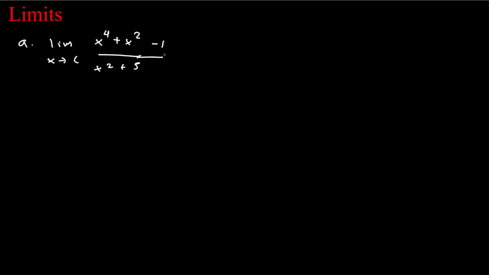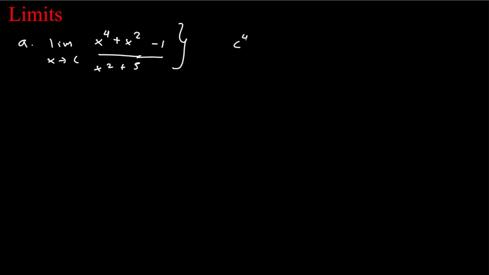Now there's two ways to go about this. You could treat this whole term as one function, or you could treat the numerator and denominator as separate functions, and either one is a logical approach.